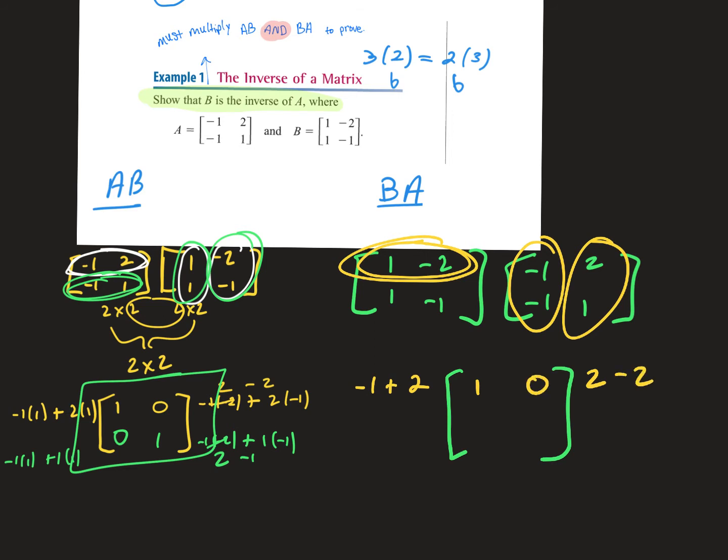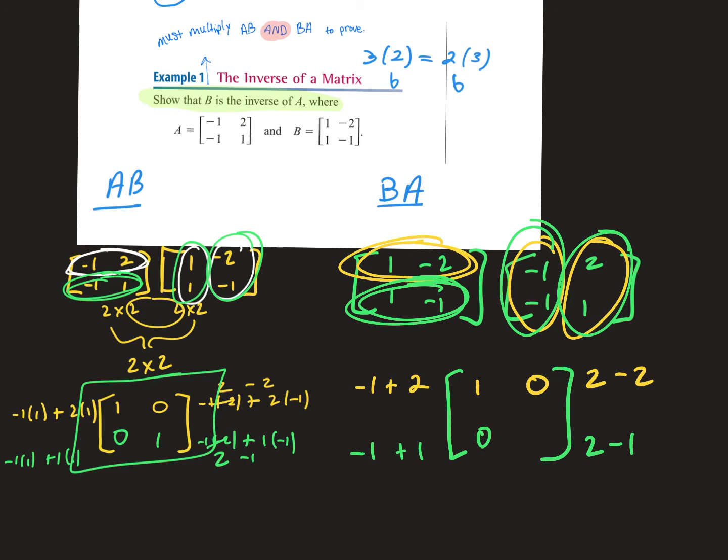Good. Now we're going to go second row, first column. 1 times negative 1 is negative 1. Negative 1 times negative 1 is positive 1. What's negative 1 plus 1? 0. Second row, second column. 1 times 2 is 2. And negative 1 times positive 1 is negative 1.